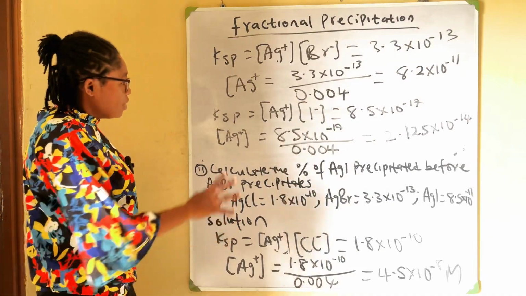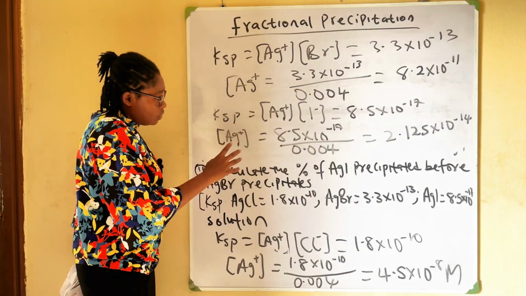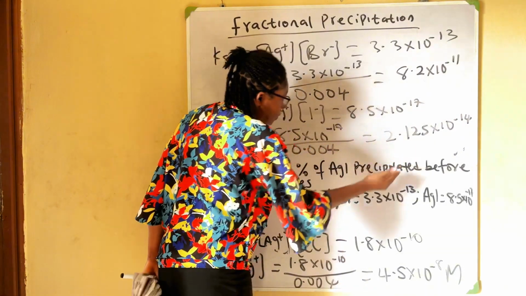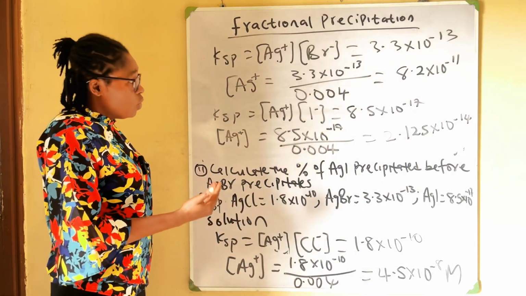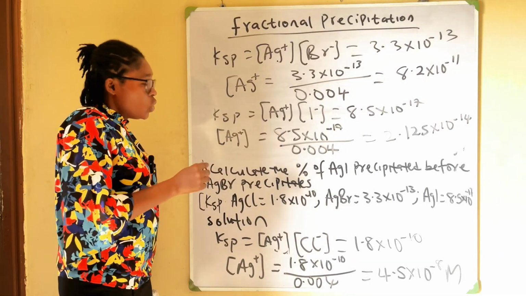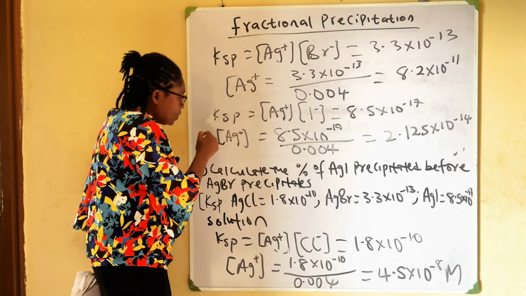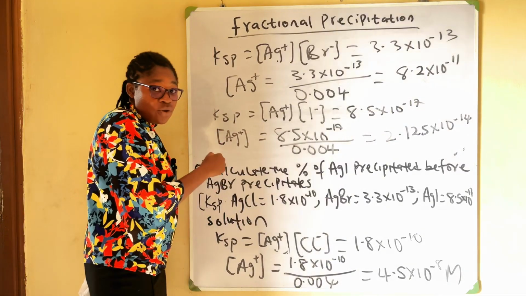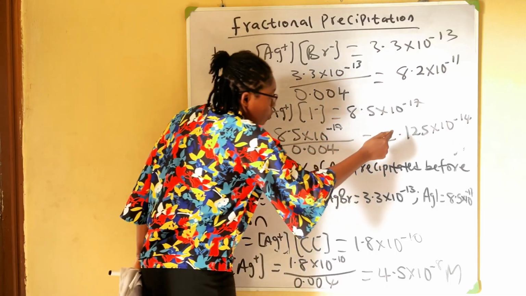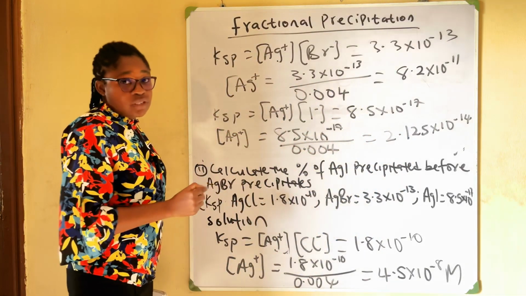Alright. For the result of what we have here, you can see the concentration of silver ion needed for silver iodide is the lowest. So silver iodide will precipitate first when the concentration of silver ion is greater than 2.125 times 10 raised to the power minus 14.